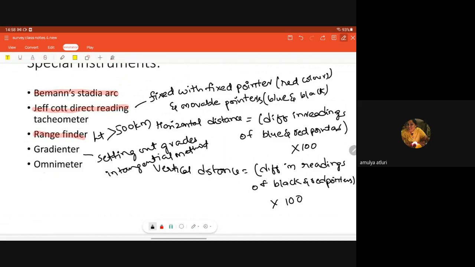It is a special tachometer invented by Echo Hold and is used for tangential method of tachometry. So these are the special equipments.